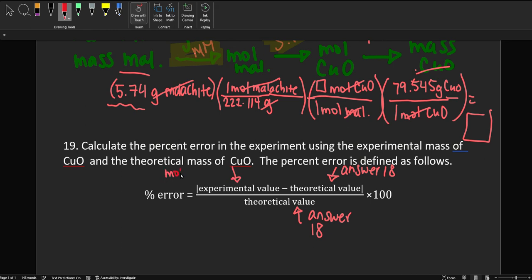So you have everything already. It's just a matter of plugging in. And this will tell you how much error there was. In other words, how much you lost of this copper oxide that obviously did not match the perfect world, the theoretical amount.